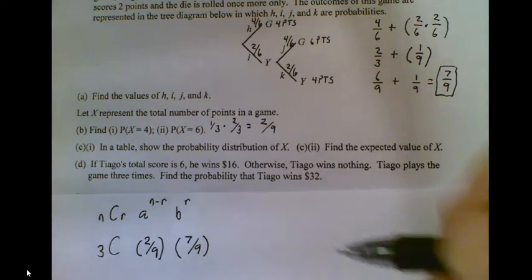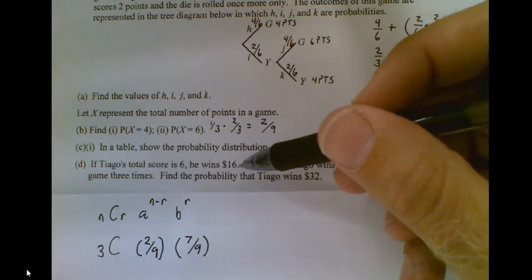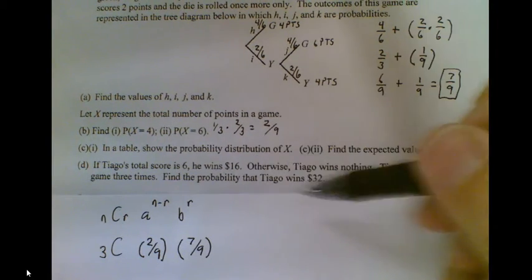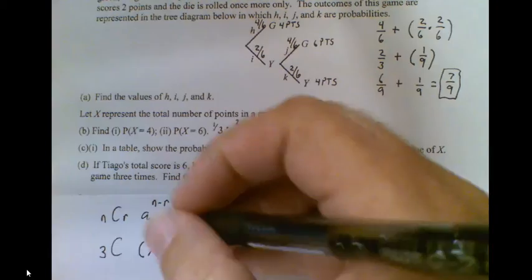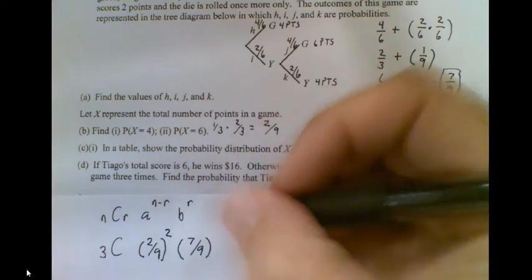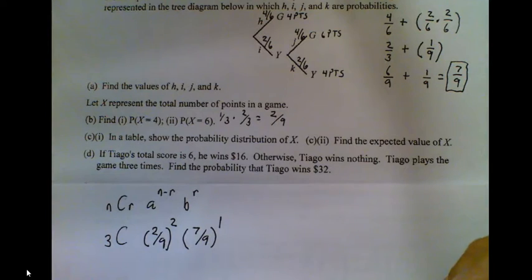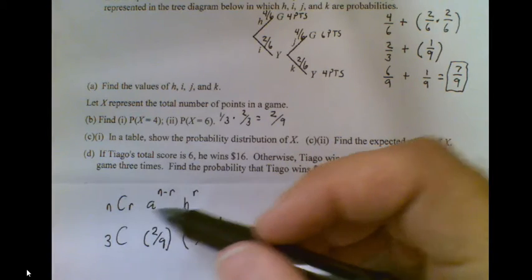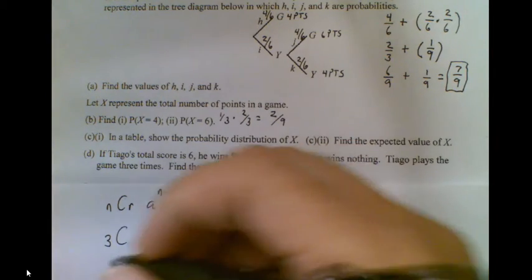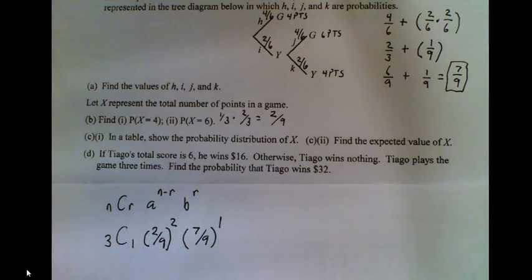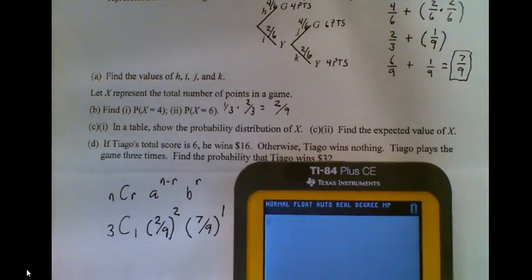As we said a second ago, in order for him to get this amount twice and get that $32 means he's got to have success twice and failure once. And so it would look something like this. This r is always the same as this r. So if it's a 1, then I would put a 1 right there. We could punch it in that way with the 3C1.